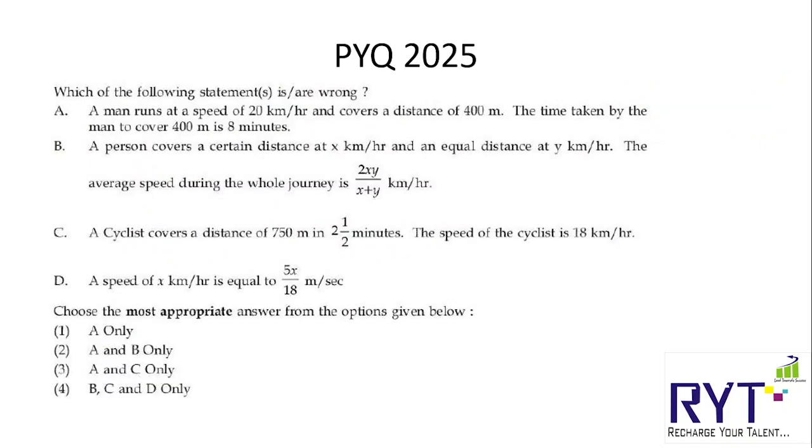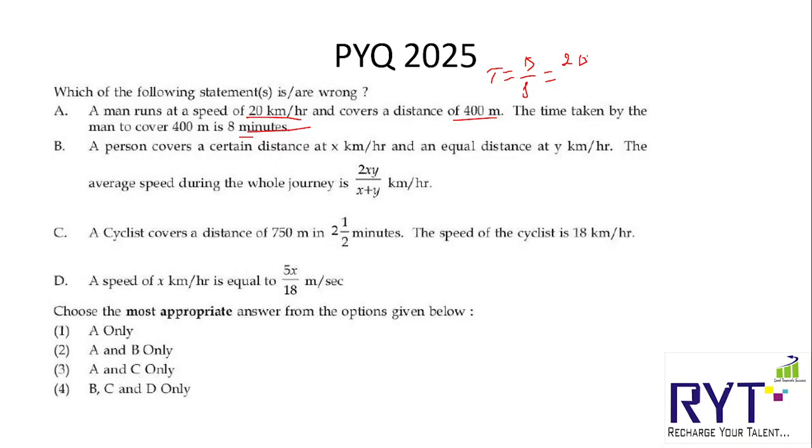Next, we have 4 questions continuously. Okay, let us solve them one by one. Quite easy questions. A man runs at a speed which is given and covers a distance of 400 meters. Time they are asking. They are asking whether correct or not. So time is nothing but distance by speed. Speed is 20 kilometers per hour. Since they are asking minutes, let us convert this speed from kilometer per hour to meter per second.